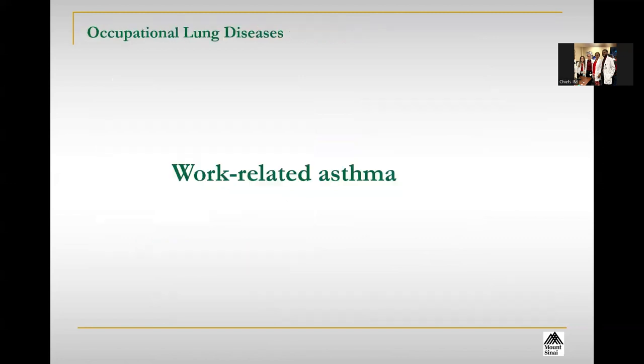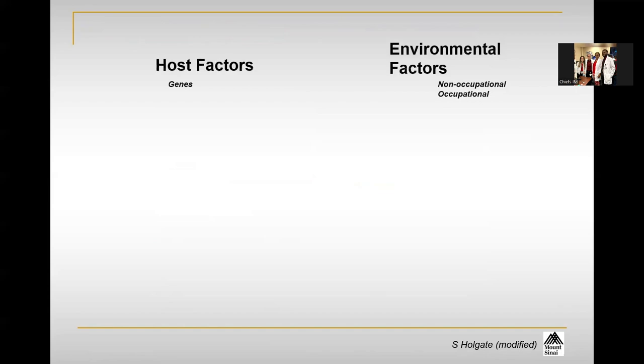Now, work-related asthma. I'm going to present some examples of occupational respiratory diseases, and this is considered the most frequent occupational respiratory disease in the developed countries. As you know, asthma develops from an interaction between host factors, most likely genetically determined, and environmental factors that may be non-occupational, like pollen and different allergens, some of them completely unknown, and occupational factors.